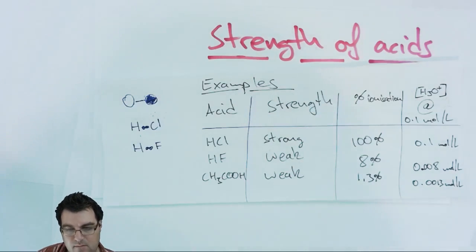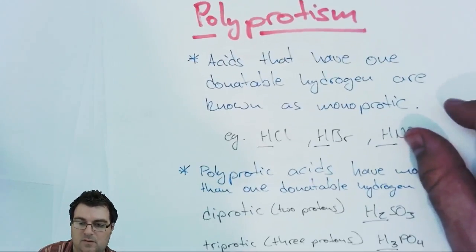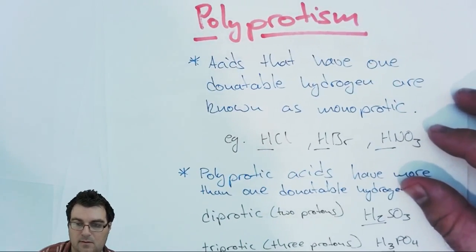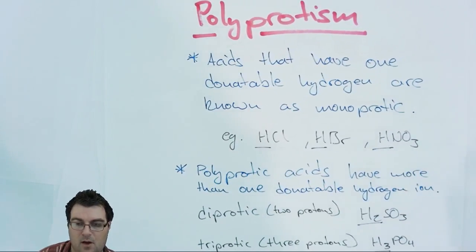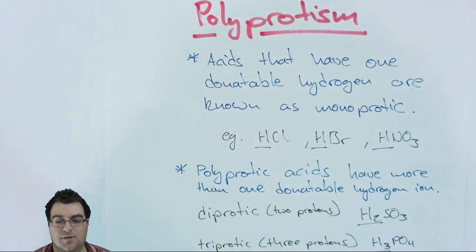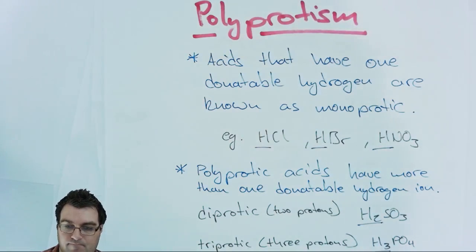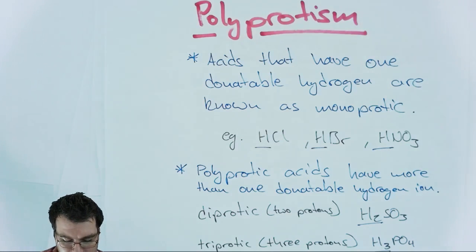Now, the strength of an acid depends on the degree of ionization. There's also a point to make that not every acid is going to have only one hydrogen ion that it can donate, with this concept called polyprotism, that is, acids that can have more than one hydrogen ion that they can donate.